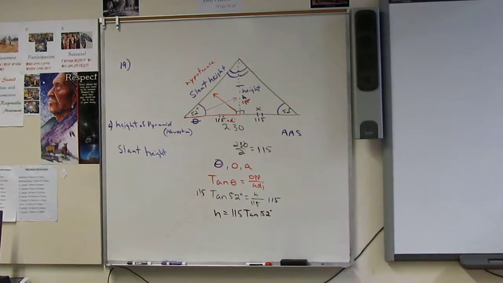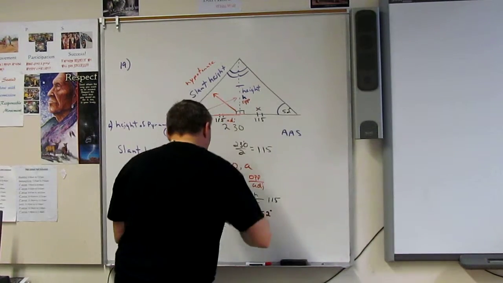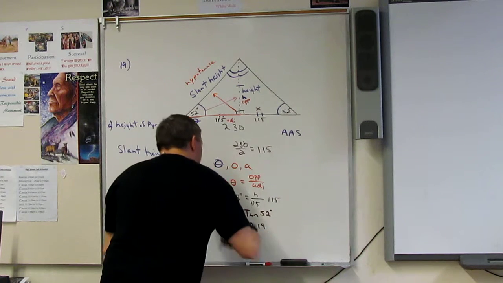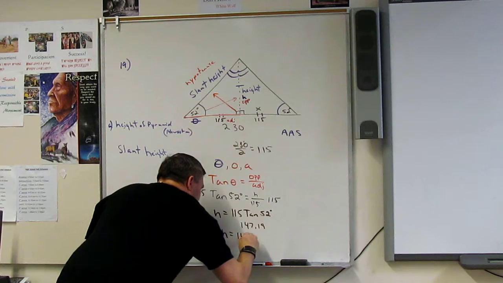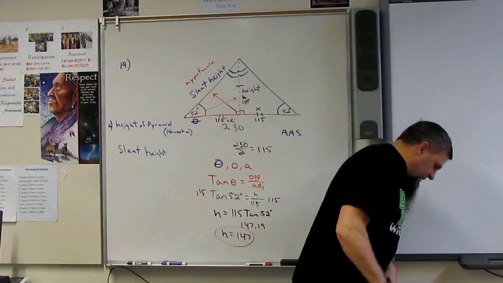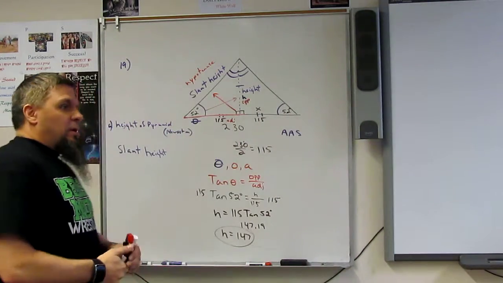That gives 147.19. Now it's set to the nearest meter, so to the nearest meter h is equal to 147. Let's see if I got that right. I did. That's always good.